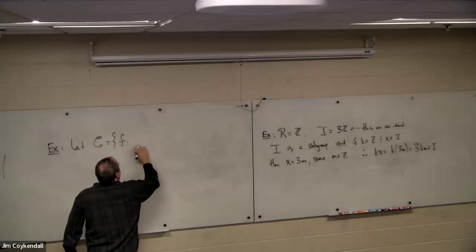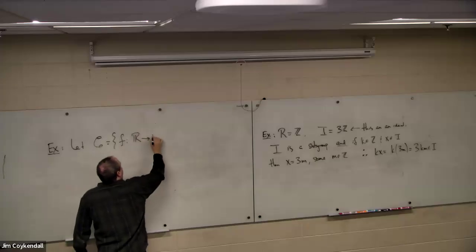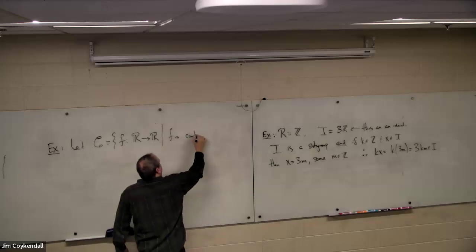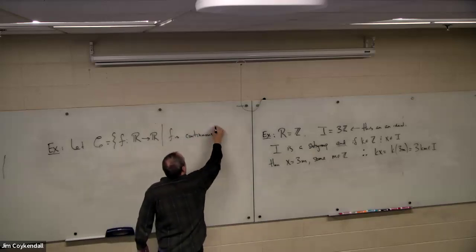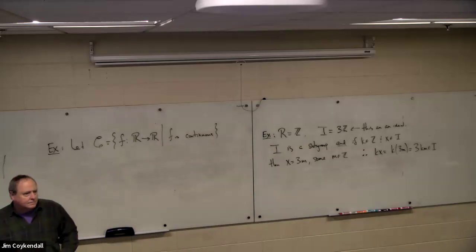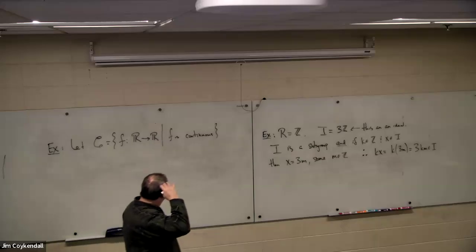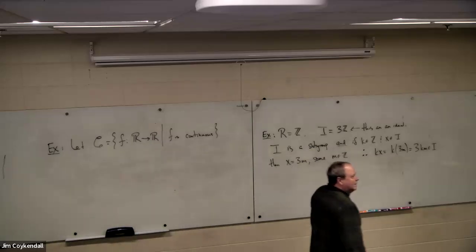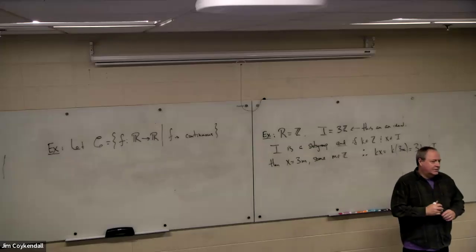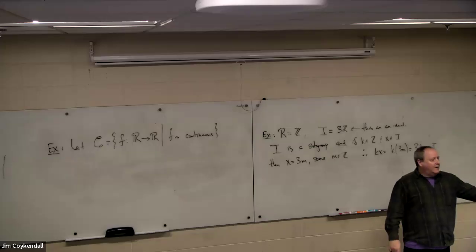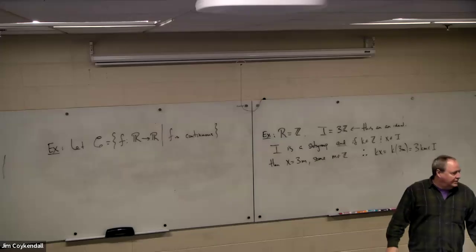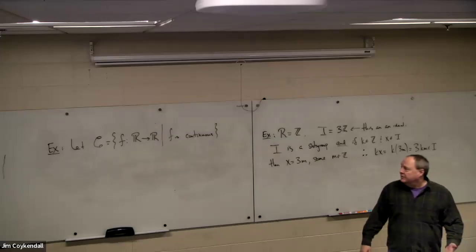Well, let's do this. Let's look at the set of functions from the reals to the reals that are continuous. This might be a flashback from days of old, because we had these things all over the place when we were in calculus.